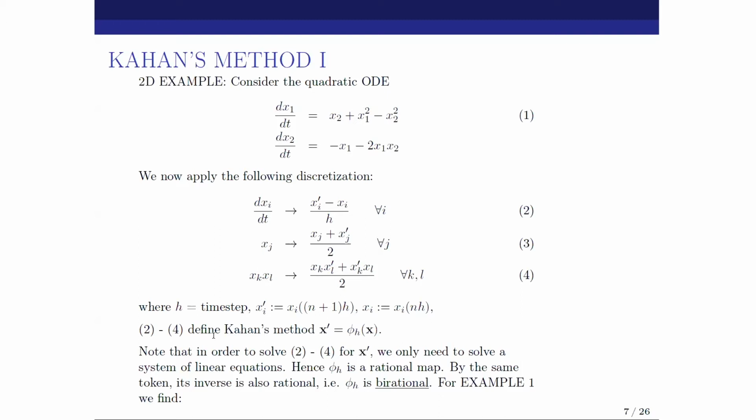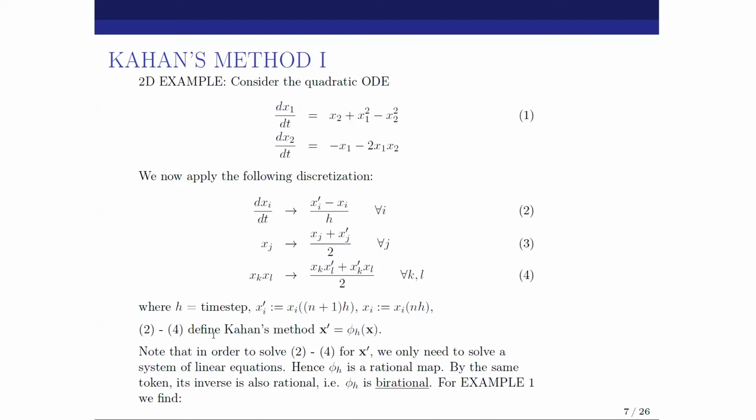So how does the discretization work? Well, in equation 2, you see that for the time derivative, you use a completely standard discretization, where I use the shorthand x prime, which just means x after n plus 1 time steps, and x is x after n time steps.